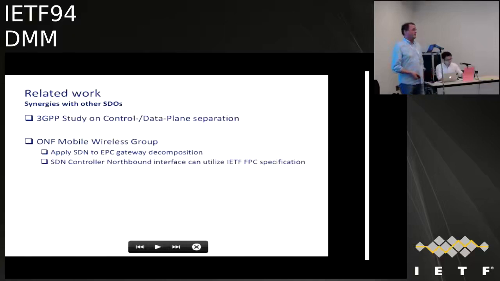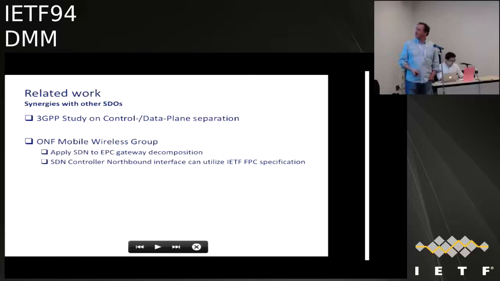A lot of other standards organizations are addressing the point of control data plane separation. So in 3GPP, there is a study on feasibility to separate control from data plane. The ONF Mobile Wireless Group is actually looking into 3GPP gateway decomposition in control and data plane and to apply SDN.